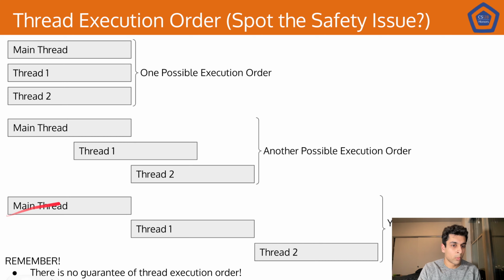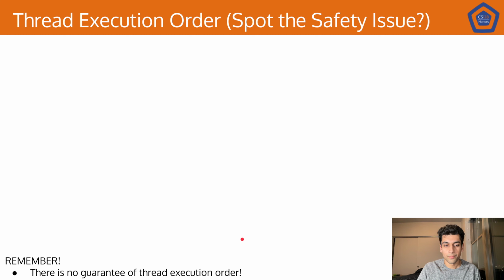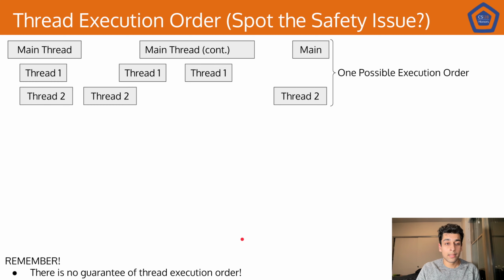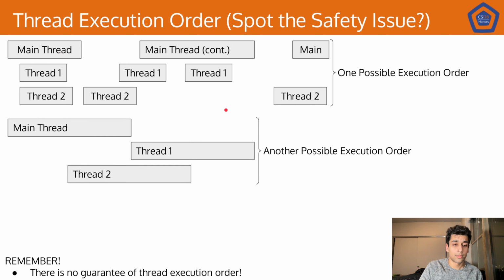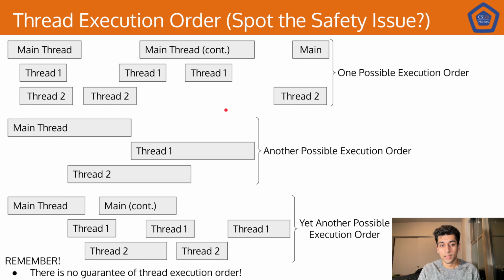Well, then you can only run one thing at a time. So you'd run the main thread first, then thread 1, then thread 2. And then this is something we saw in the previous example when we're waiting for threads to join. There's no guarantee as to how long threads wait while they're sleeping. This one's another possible execution order.